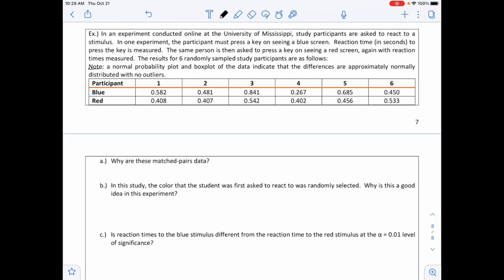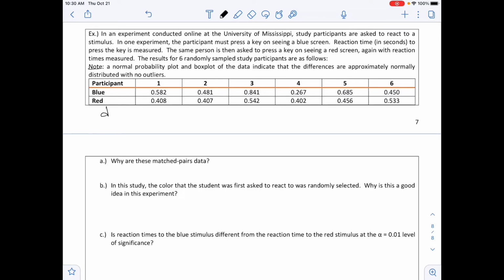To do that, we're going to find the difference, and that's why it's called mu sub d. It makes sense for this experiment because we're conducting this experiment on the same person twice. So we have the reaction time for blue and the reaction time for red, and we can subtract these, and it has a meaning to the problem. It will tell us the difference in reaction times between these two colors.